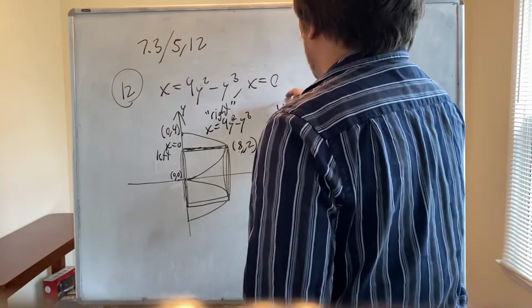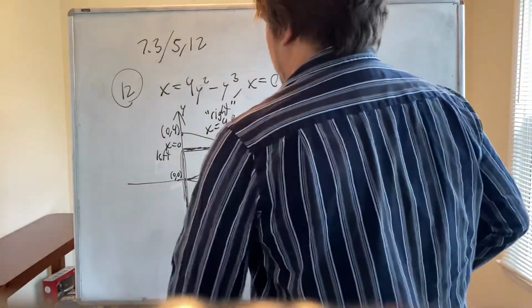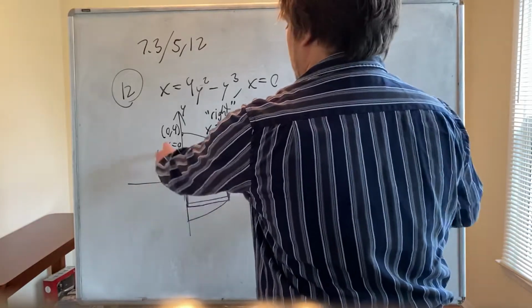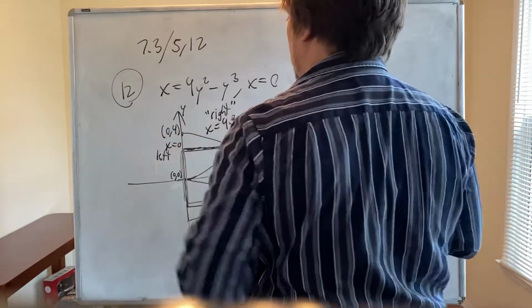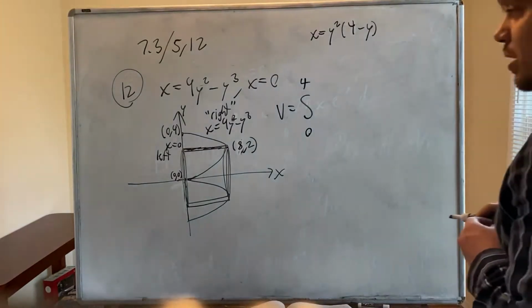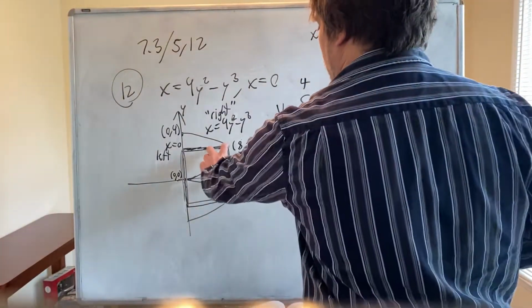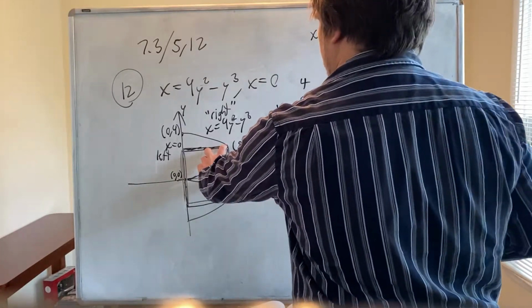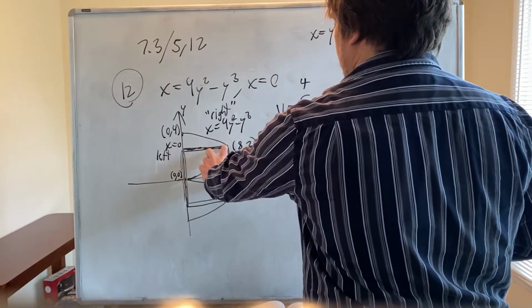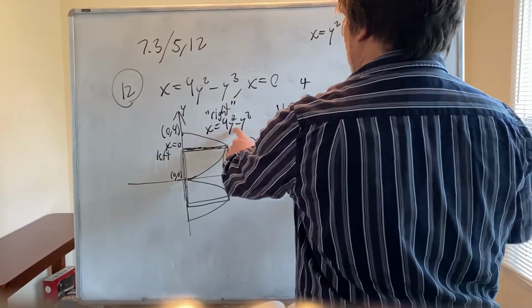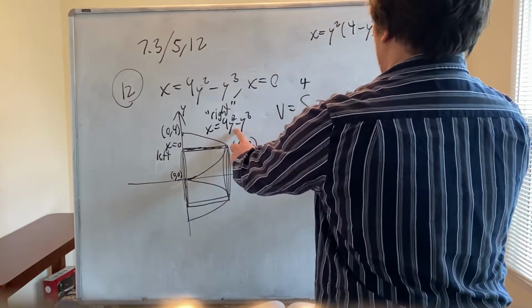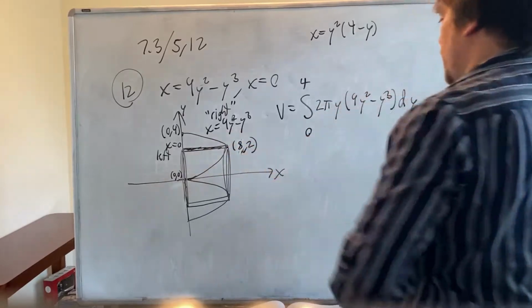Okay, so the volume, according to cylindrical shells, is the definite integral from the smallest y value, which is 0, to the largest y value, which is 4, of 2 pi y, where y is the radius, and then the height, which is the x value, 4y squared minus y cubed dy.